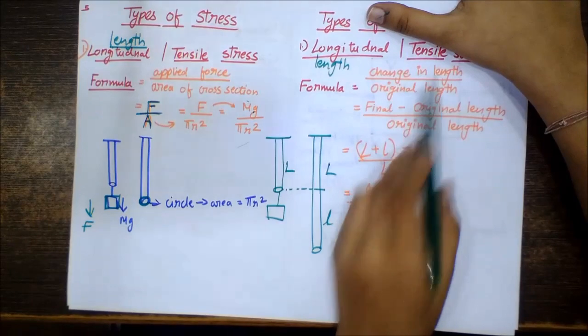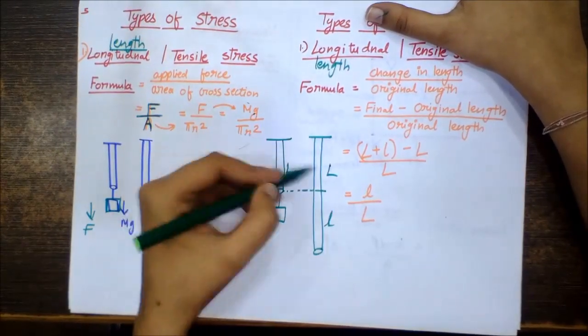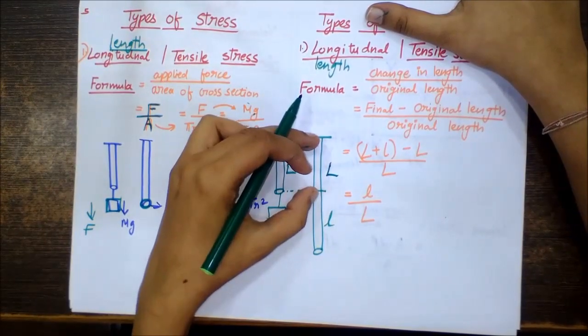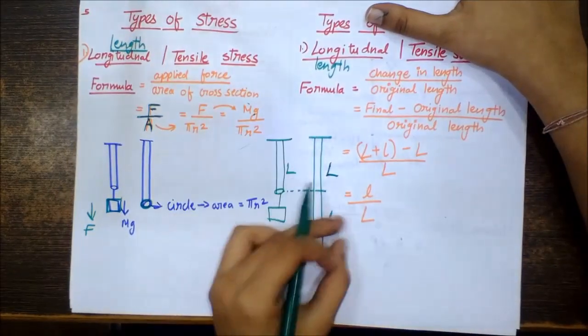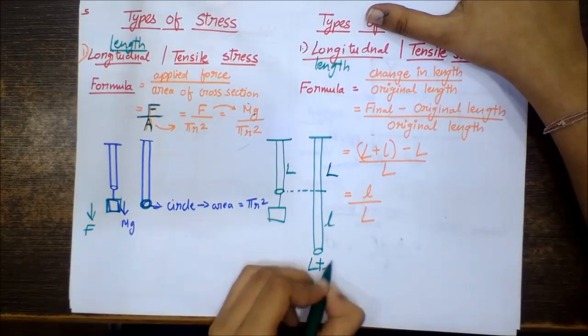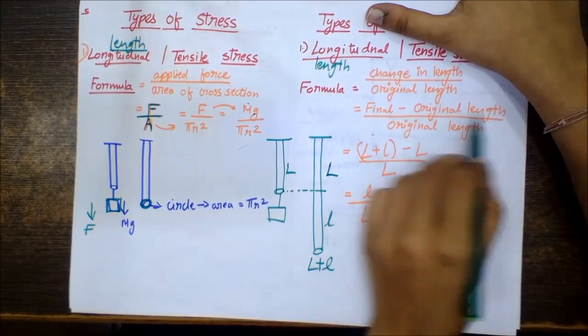So the change in length will be final length minus original length. What is my final length over here? The capital L, which was there from before, in addition to that, plus this small l. Therefore, my final length will be L plus l, minus the original length.